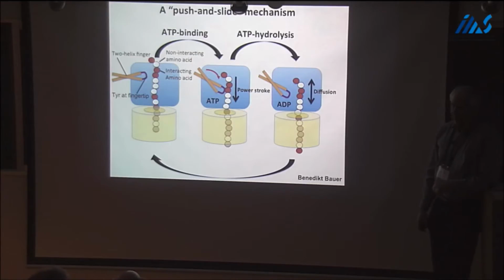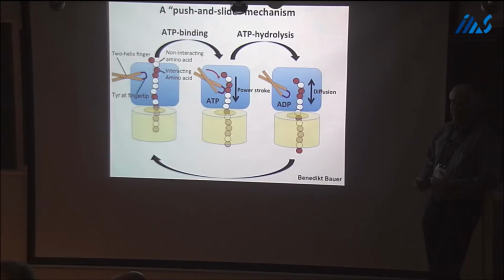Sure. We did a mathematical model, and we can calculate the rates depending on the number of interacting amino acids. And of course, you have a lower rate if you have less frequent interacting amino acids. But translocation is a very slow process.